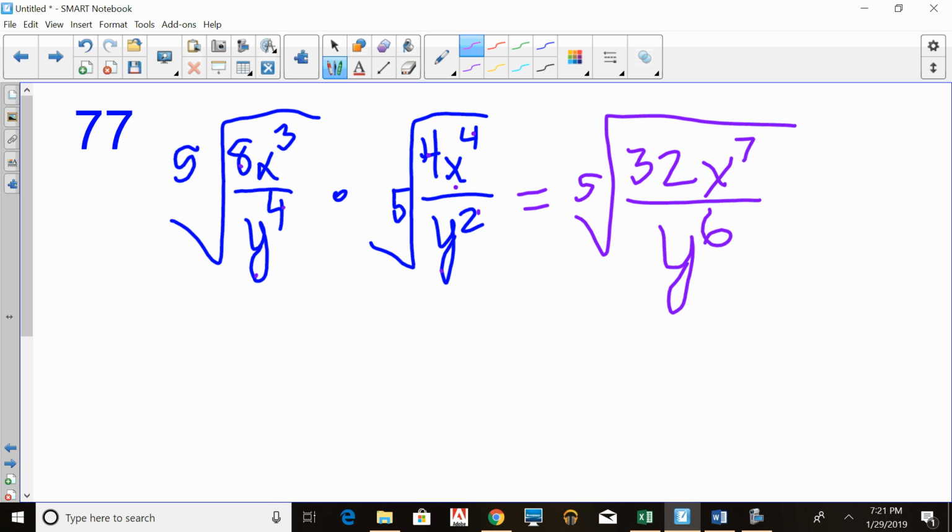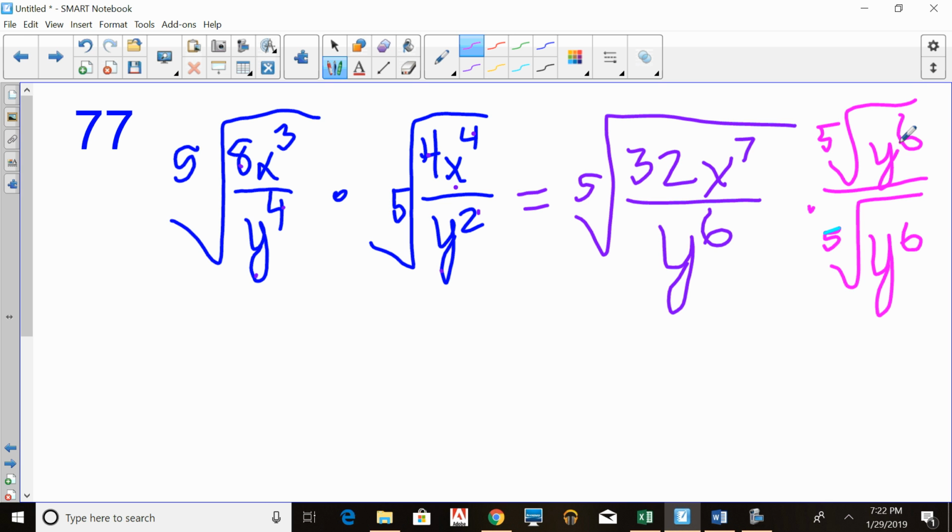Well, there's a couple ways to go about this. One way, you could multiply right now by the fifth root of y to the sixth on both the numerator and denominator. Then you're going to have more simplifying to do if you do it right now. Because this is a fifth root, and this is a 6 here, and that's a 7, and 32, hey, 32 is 2 times 2 times 2 times 2 times 2, isn't it? 2, 4, 8, 16, 32.